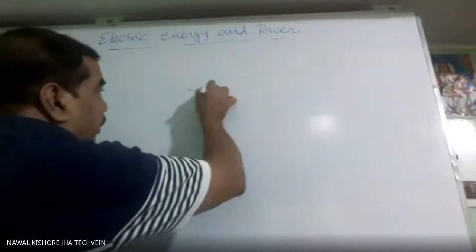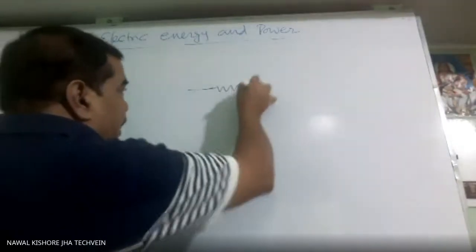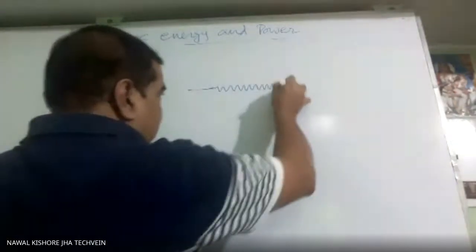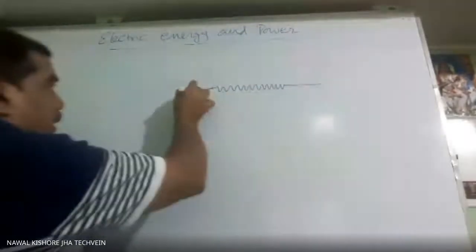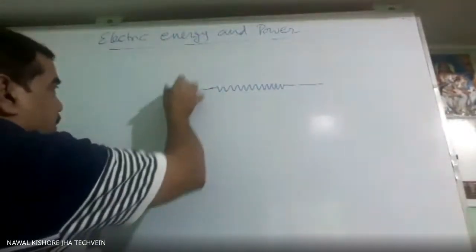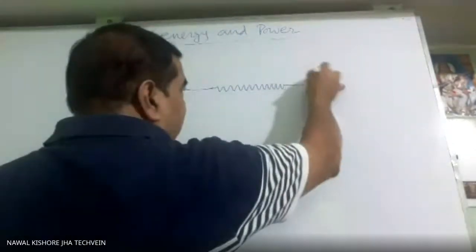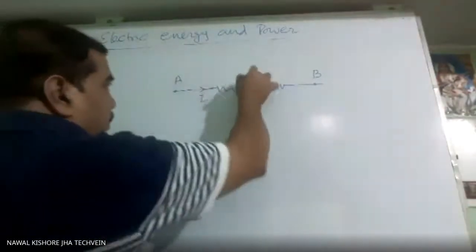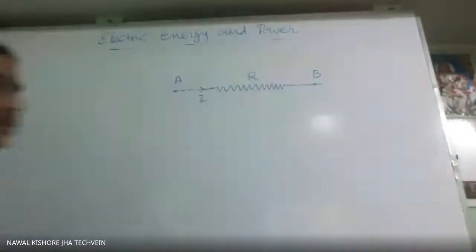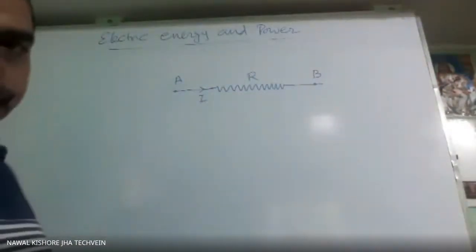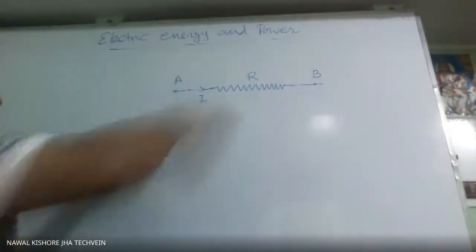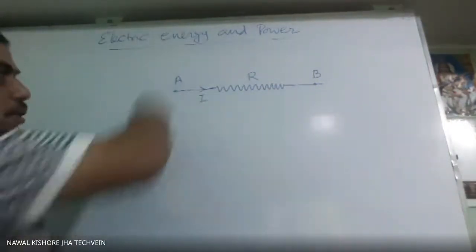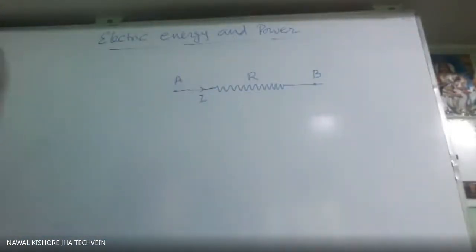Suppose current is passed through any appliance or any conductor or any resistance. So this is point A, this is point B. Current I is passed through this, and R is the resistance. So in this case, the source is giving current, or the current is drawn from the source.